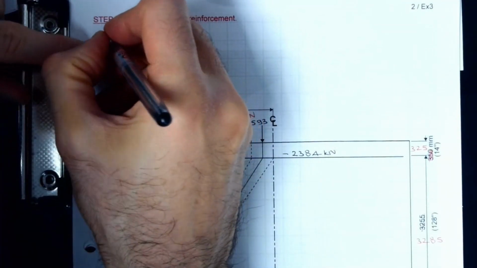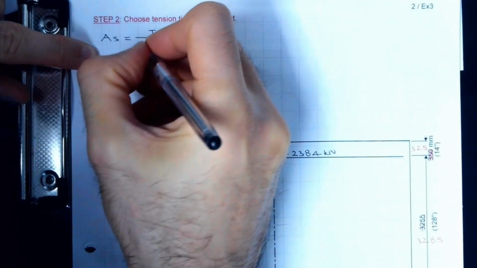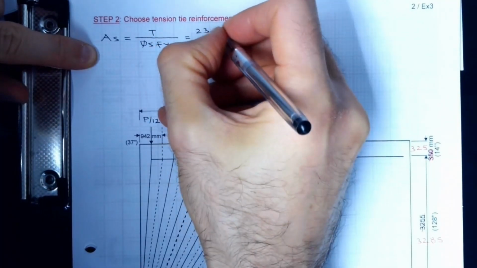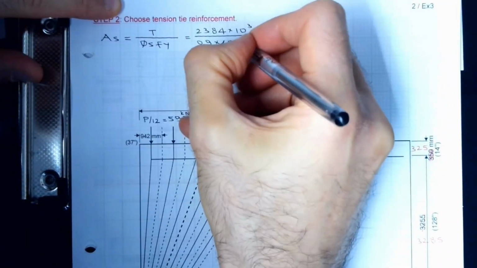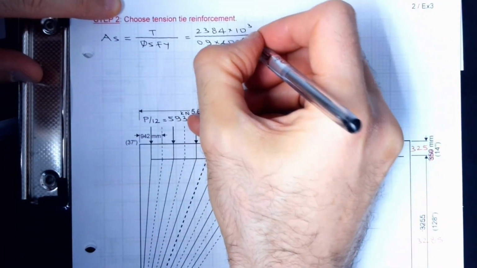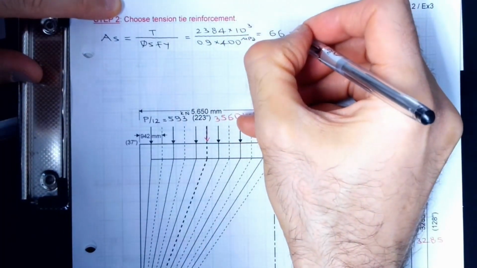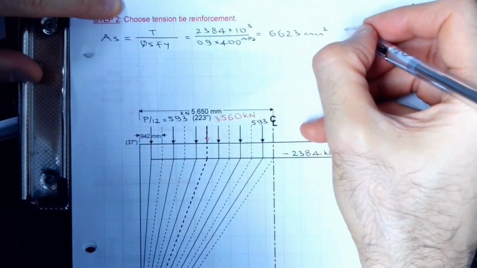So A_S, again, let me remind you the equation. T over phi S Fy: 2384 times 10 to the power 3, over 400 megapascals, that's 58 ksi, gives 6623 millimeters squared.